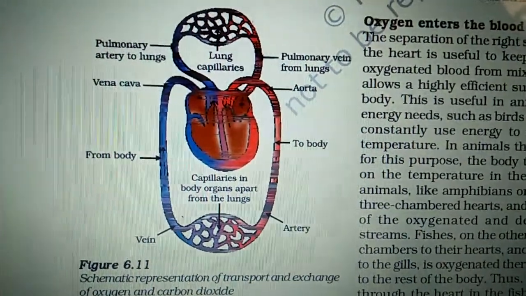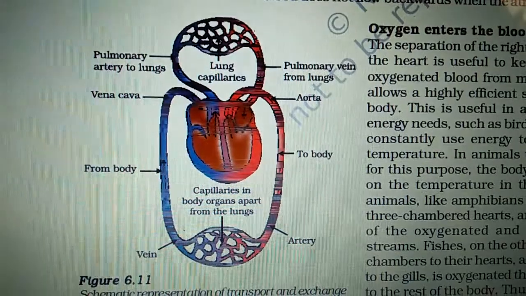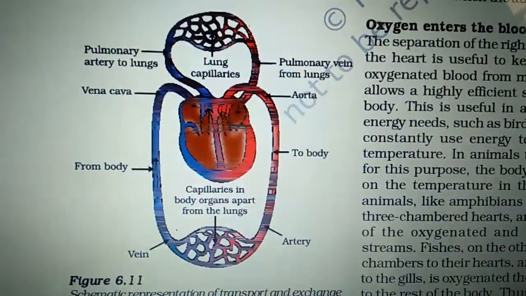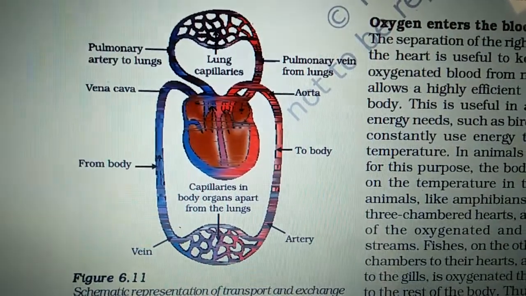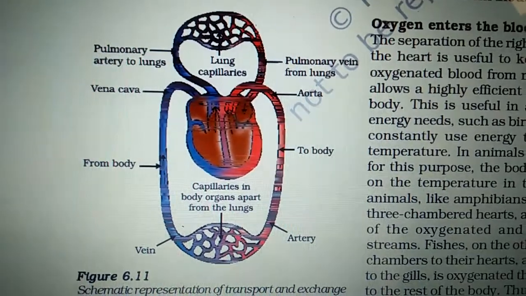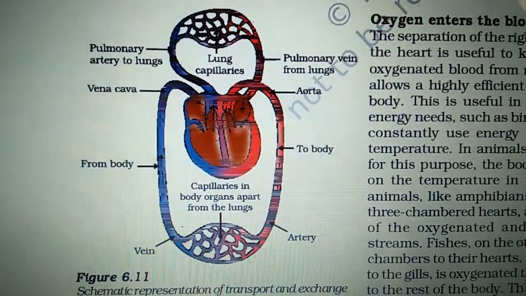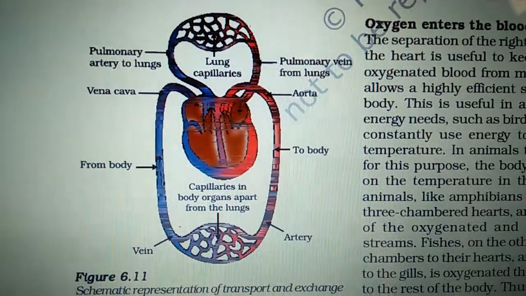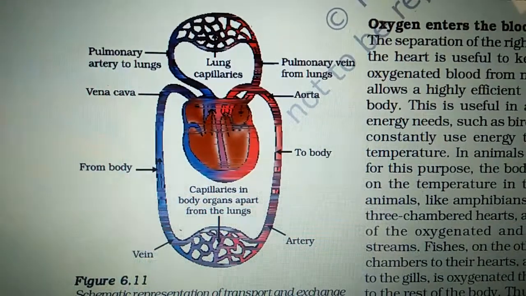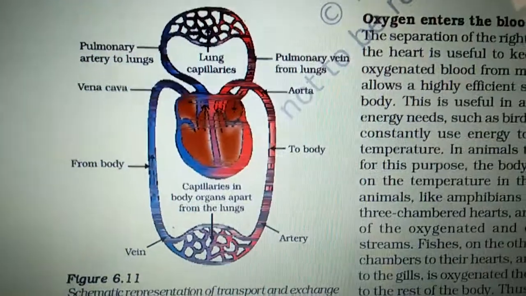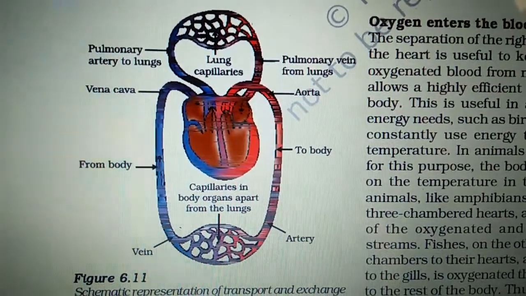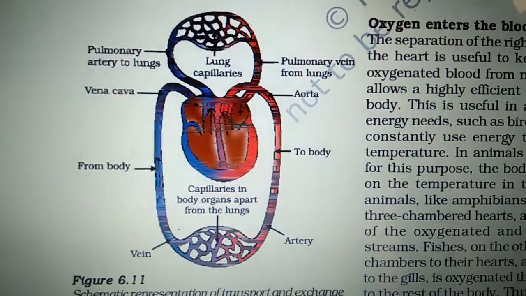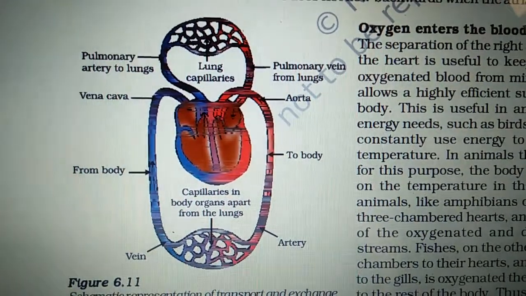They cannot change their body temperature according to the environment. Those warm blooded animals like mammals and birds cannot change their body temperature according to the environment, so their energy requirement is more. By keeping the oxygenated and deoxygenated blood separately, this energy requirement is fulfilled.